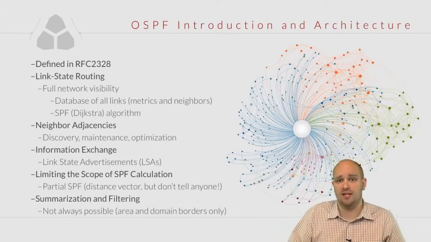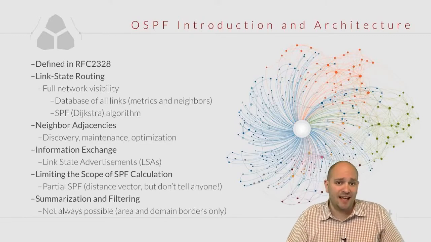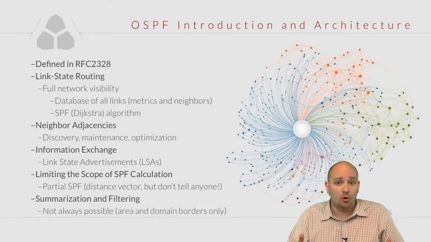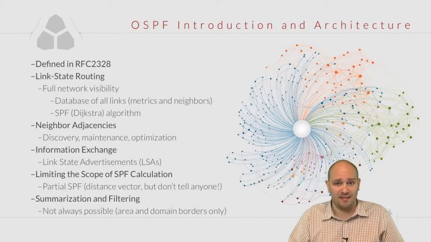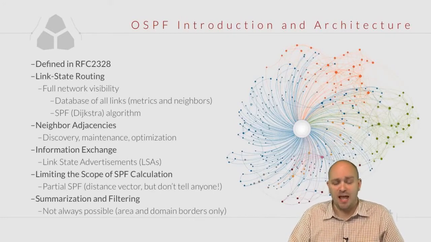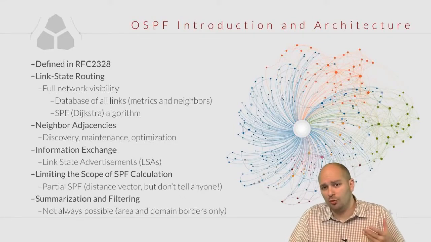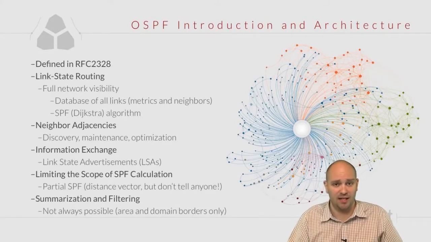Also, how these adjacencies are maintained, how the routers detect if the other neighbors are no longer available on the links, and so on. And also there are some optimizations in this neighbor maintenance and discovery process. Finally, we have the information exchange. How do OSPF routers exchange the information about what they have in their databases?